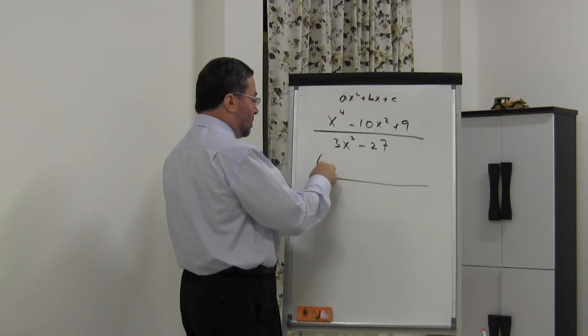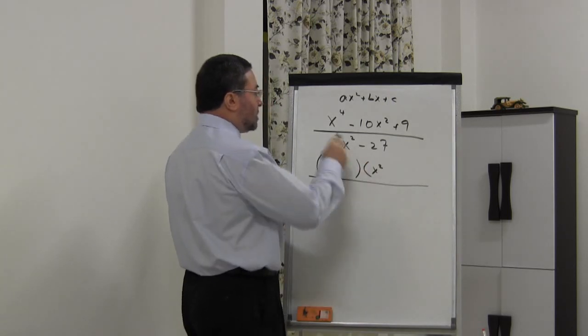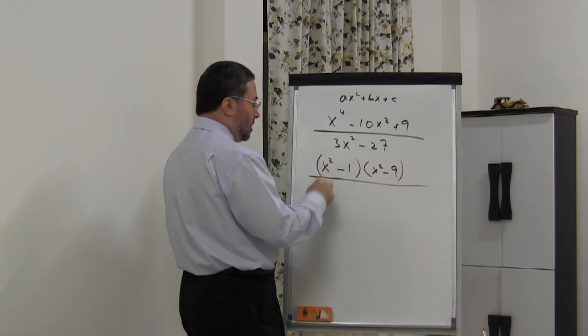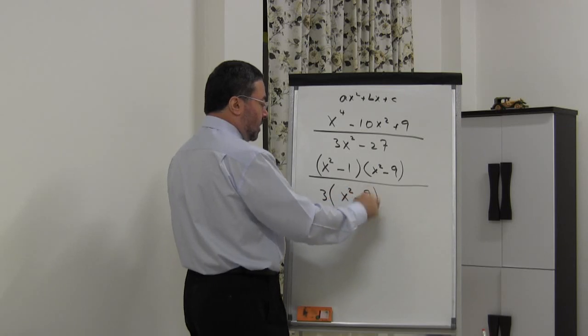So now we put here x squared, and that's easy to factor, -1 and -9. And in the denominator, we pull out the 3, and that gives us x squared minus 9.